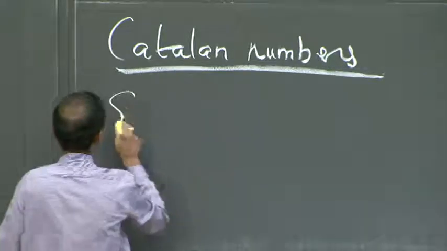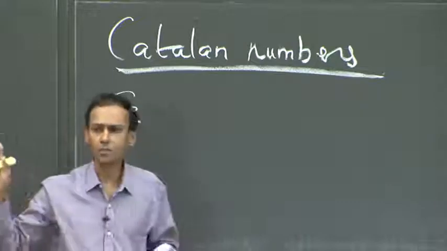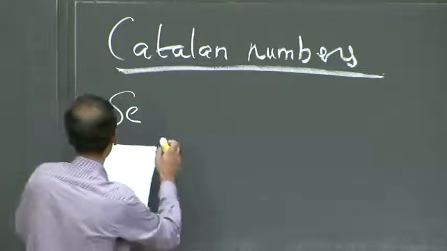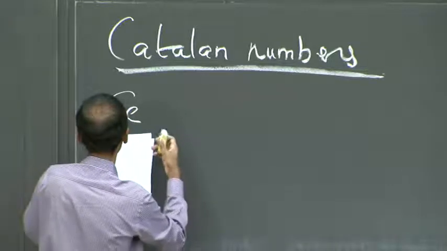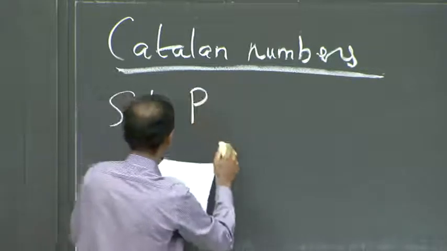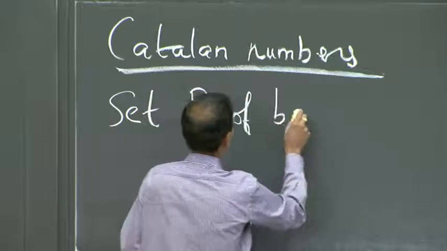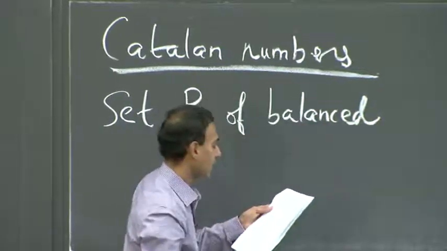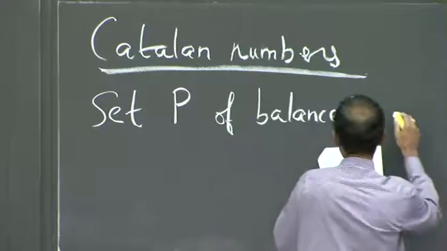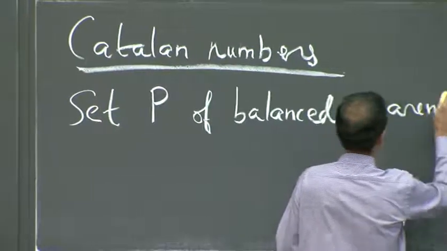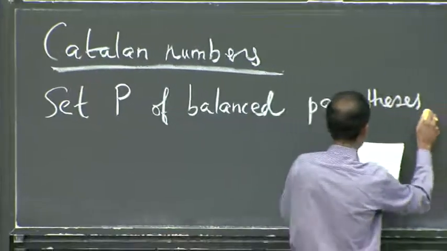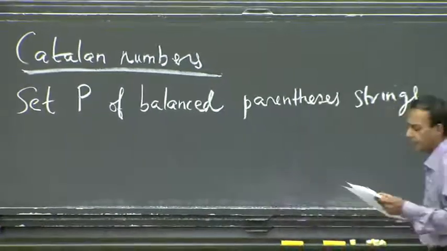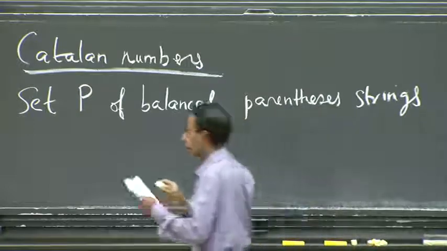How many of you know what Catalan numbers are? Oh, good. Excellent. So Catalan numbers have a recursive definition. You can think of them as representing the cardinality of the set P of balanced parentheses strings. And we're going to recursively define these strings as follows.